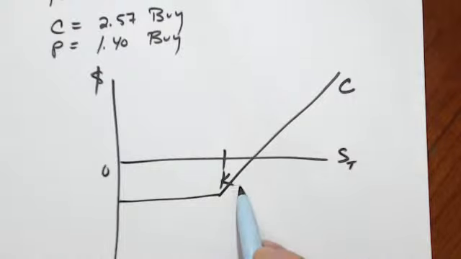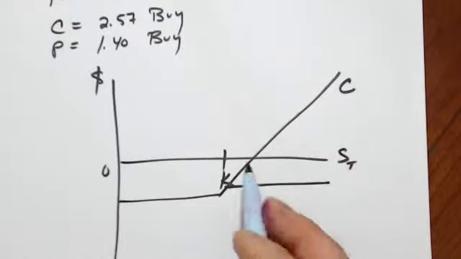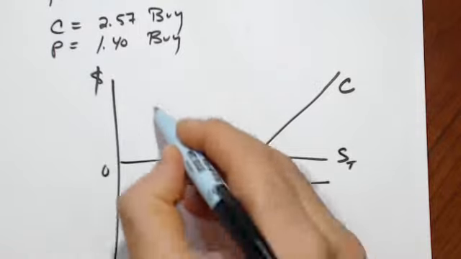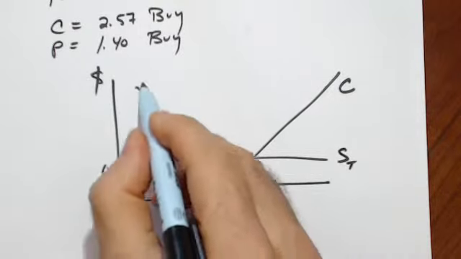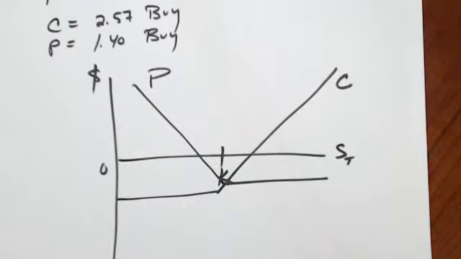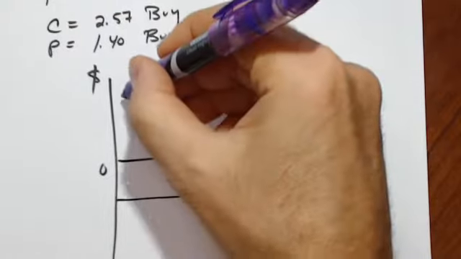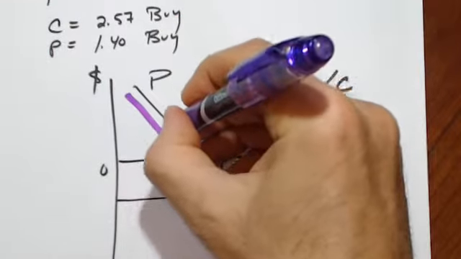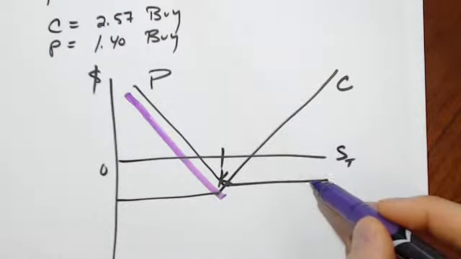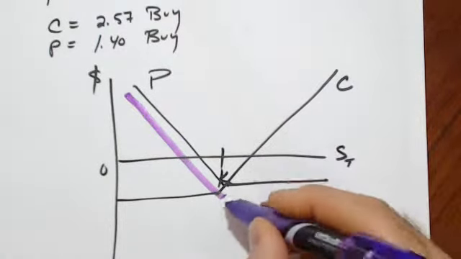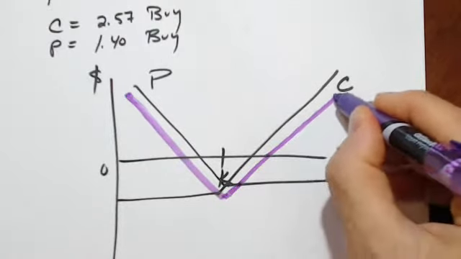When you buy a put at the same strike, it's going to look like this. When you add the two together, you're going to get a slope of -1, a slope of 0, and +1. It's going to look like this.